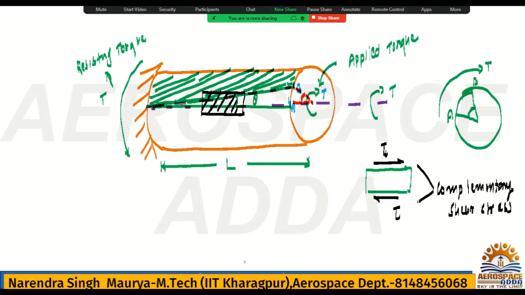Remember, this is the circular cross section, because you have taken this portion from the shaft.